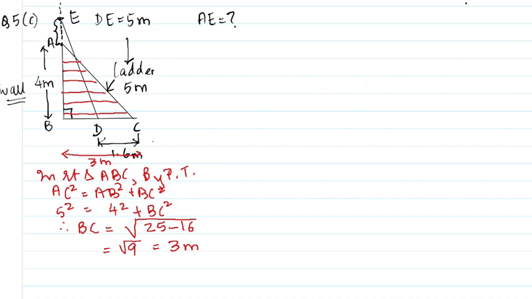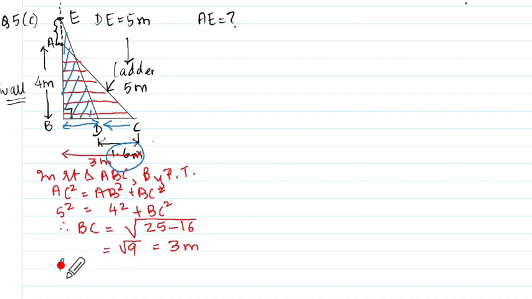Now can you see that we are having another triangle over here? Can you see this? Because of the ladder being pushed 1.6 meters towards the wall, we are having another right triangle. And in this right triangle, how much will be this side? The whole thing is 3.